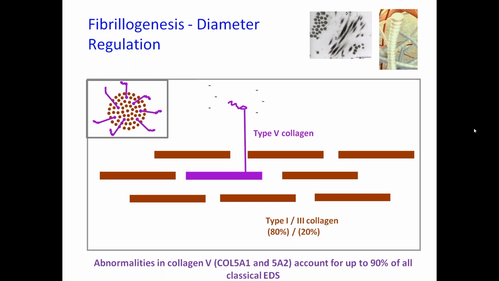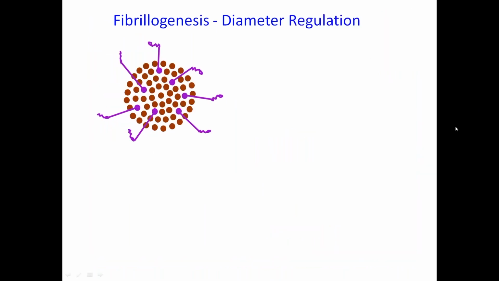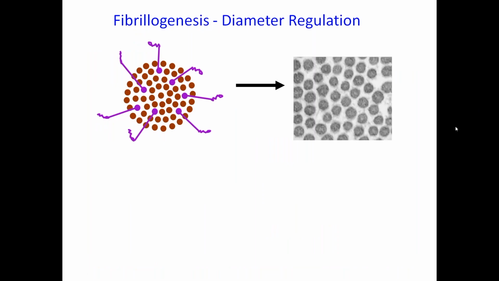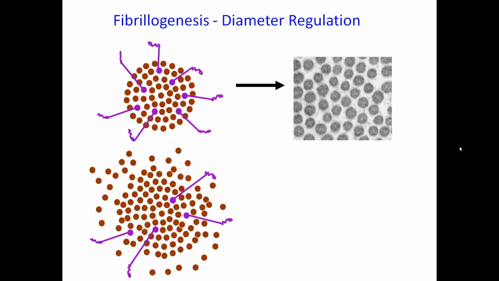And this is the collagen looking at an electron micrograph again, looking end on and long way. So this is representing the long way view. If we say, okay, here's normal, a nice amount of purple collagen, which is type 5, it gives that nice regular collagen fibrils. But if we've got an abnormality in the gene, what we call a mutation in the gene of collagen 5, it means we don't either produce enough or we produce abnormal collagen 5.